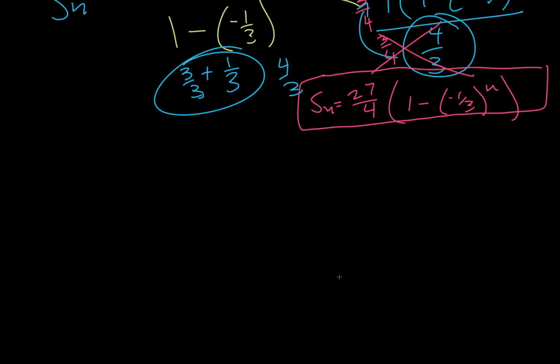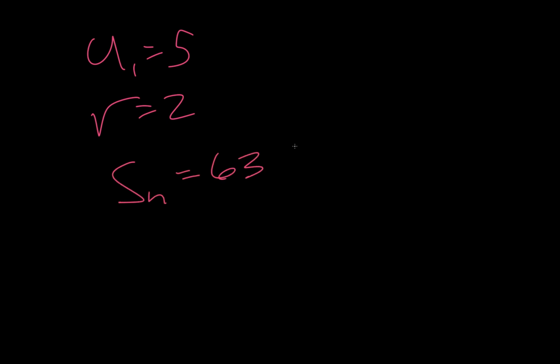Okay, we're moving on to example 30. It says a geometric sequence has first term 5, common ratio of 2, and the sum of the first n terms of the sequence is 635.